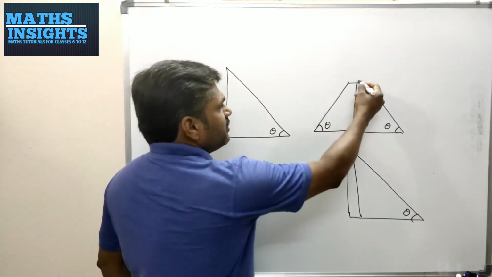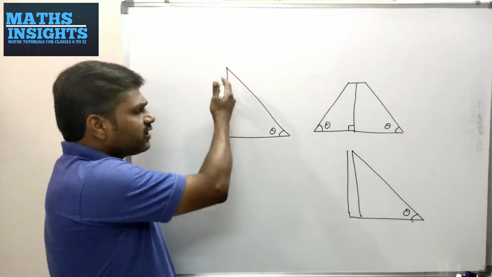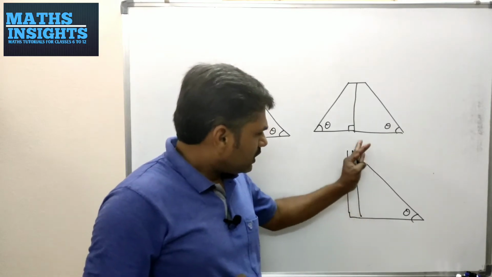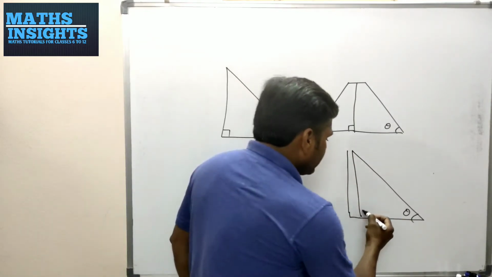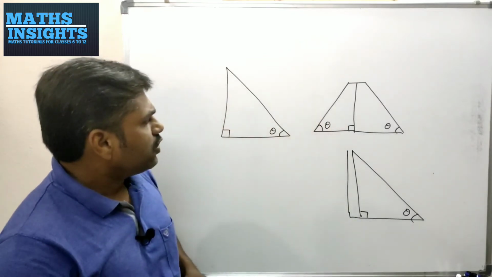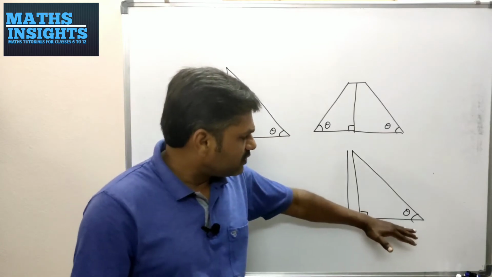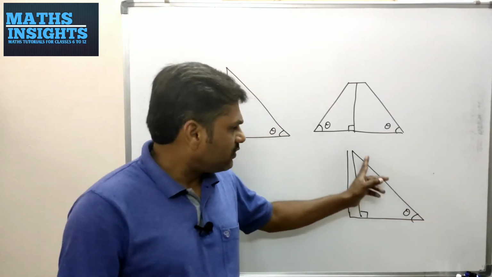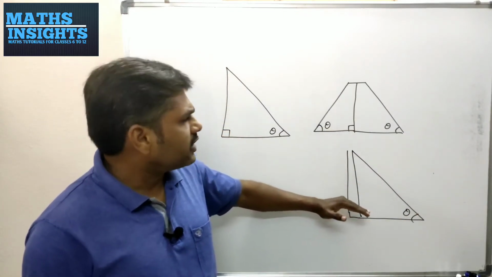See, the angle between this and this is 90 degrees. Here also the angle between the wall and the base is 90 degrees. Here also the angle between the pole and the base is 90 degrees. In all these cases, we may find different values, like the distance between the electric pole and the wire, otherwise the length of the wire or the length of this electric pole.